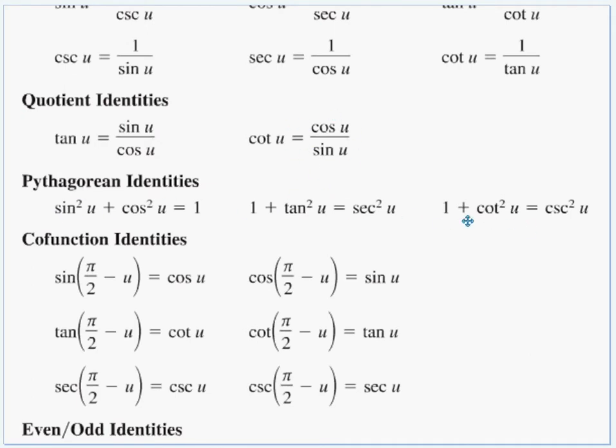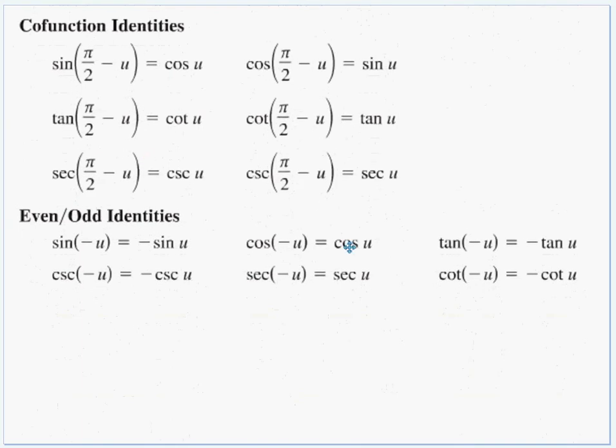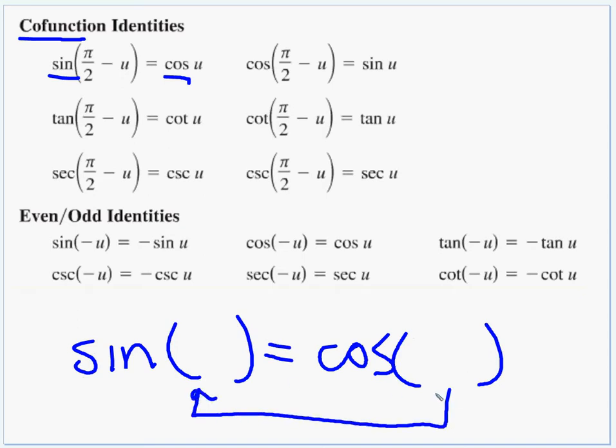And we know the Pythagorean identities here across the middle, the most common being sine squared plus cos squared equals 1. Down here are the cofunction identities. Remember, cofunctions of complements are equal. So if I see sine and cosine, they are going to be equal as long as I put angles in the parentheses that are complementary.